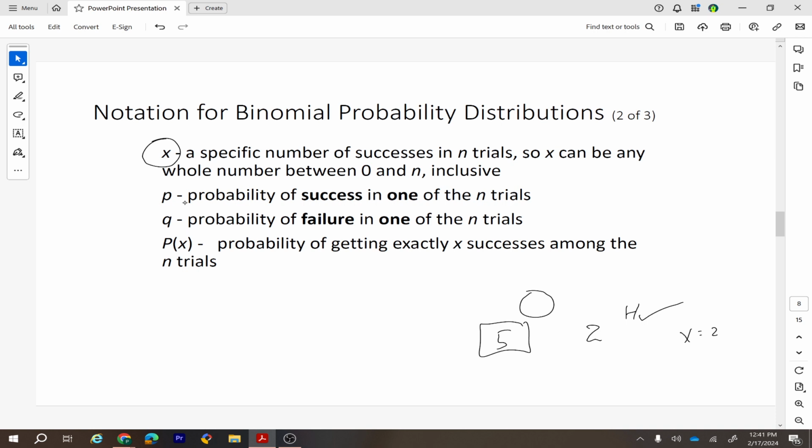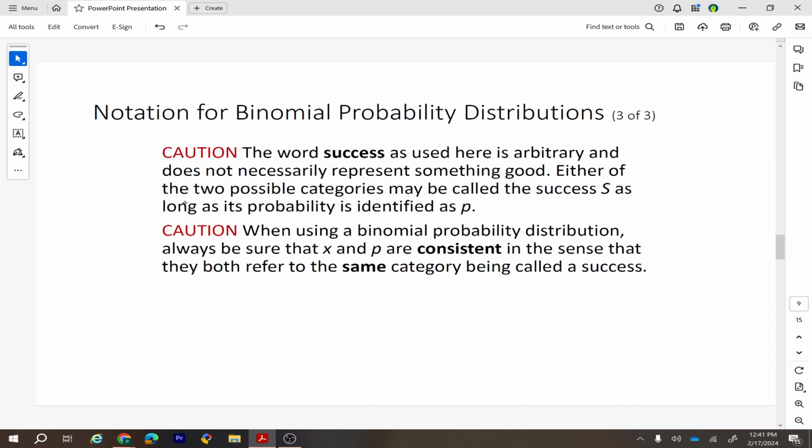You cannot have more than 5 heads, the outcome could be between 0 and 5. That's the meaning of 0 to n. P stands for the probability of success, in this case getting a head. Q stands for the probability of failure, which is getting a tail or not a head. And P of x represents the probability of getting exactly x successes among the n trials. So in our example, exactly 2 heads in 5 trials.